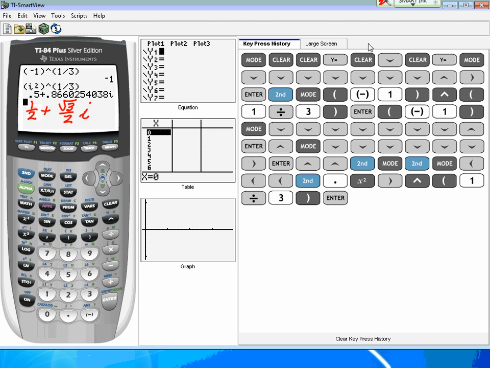So it works, and that in fact was one of our roots. And really, negative 1 was also one of our roots. So we can get 2 roots here. You've got to be a little craftier to envision that third one where this was 1/2 minus square root of 3 over 2i. But right there you can check 2 of your roots with the calculator.